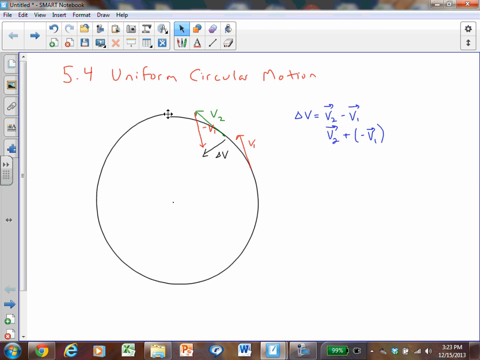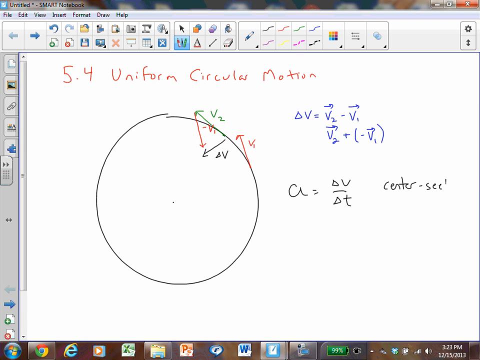So that means that a, which is delta v over delta t, is center seeking, or centripetal acceleration.